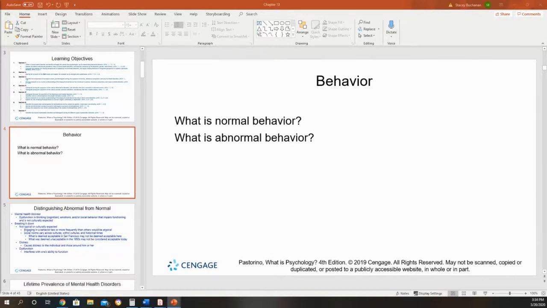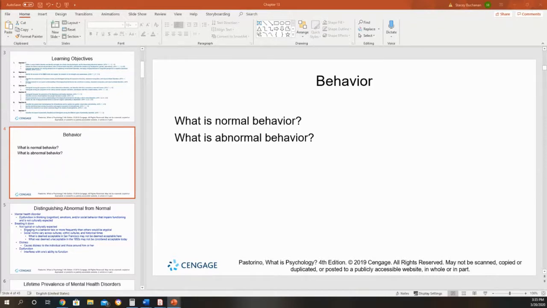So for your definition between normal and abnormal, are there some common elements between the two definitions? Does your definition of each of those account for cross-cultural differences between normal and abnormal behavior?